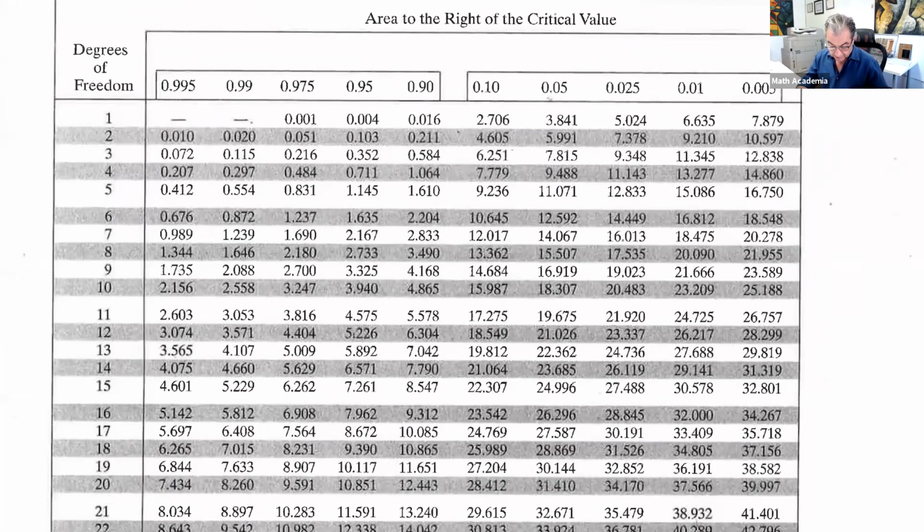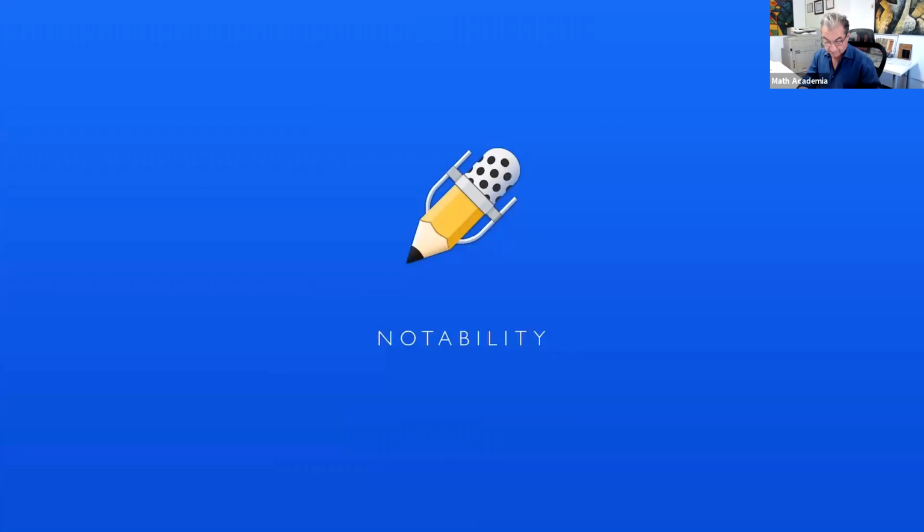This is the chi-square distribution. So one more time, we set 0.01 and degrees of freedom 2. So if you come here, you get that number, which is 4.605. So let's go back to our problem.